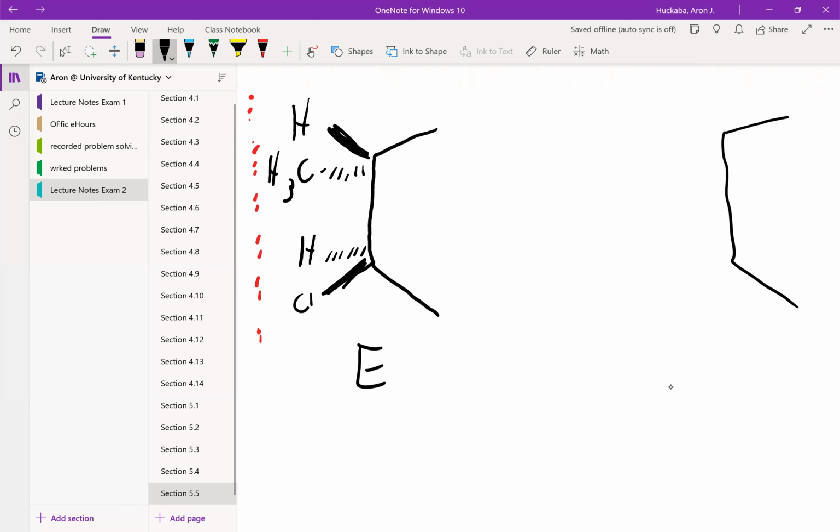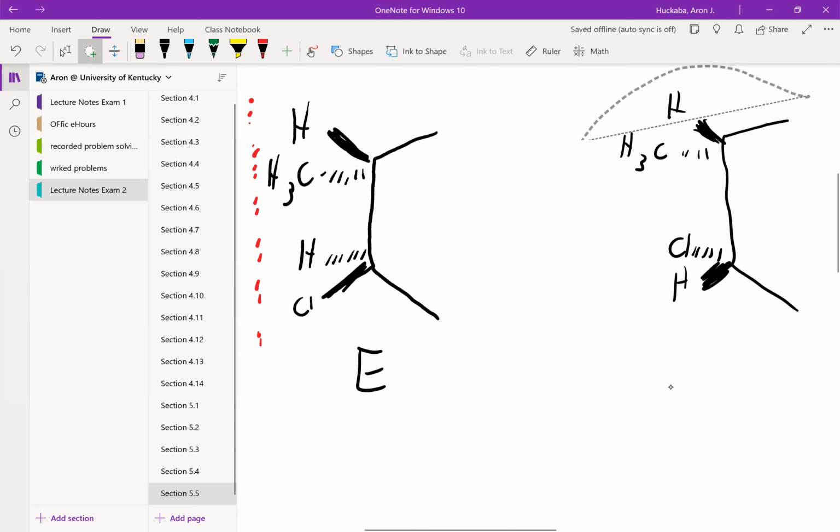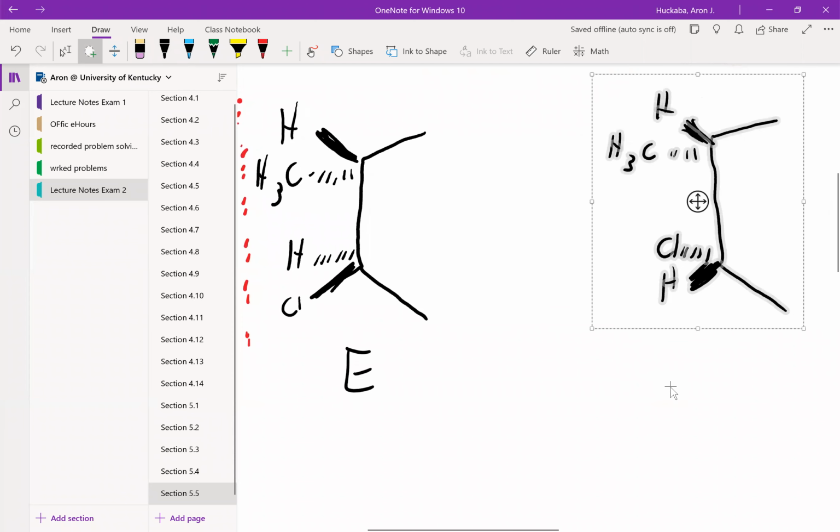So we'll put the hydrogen on a wedge here again, and the CH3 on a dash. But this time, let's change up where the hydrogen and chlorine are.